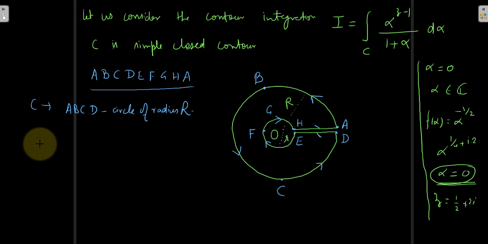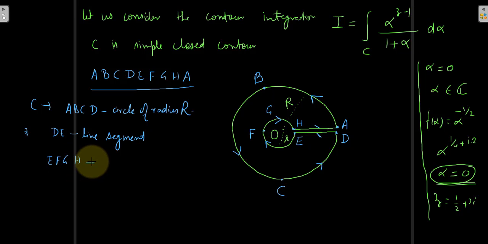Okay, what is the next thing? After A, B, C, D, the next thing is D, E. What is DE? DE is a line segment. Then we have E, F, G, H. And what is this EFGH?